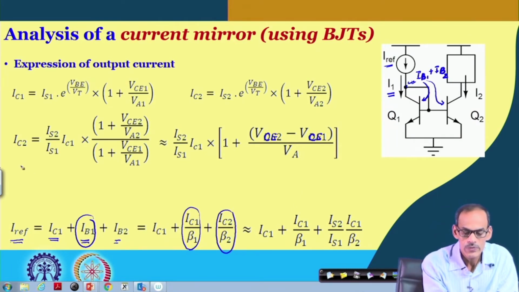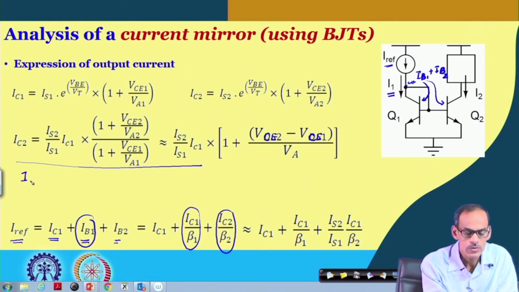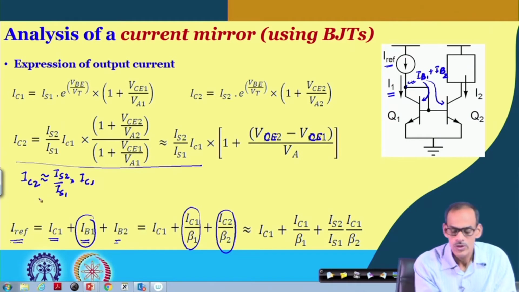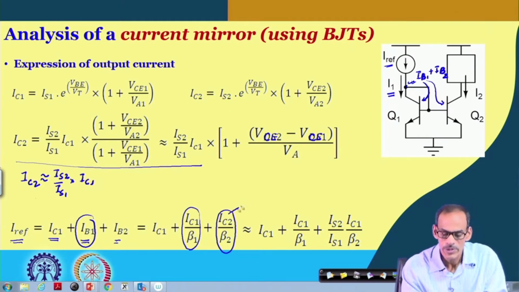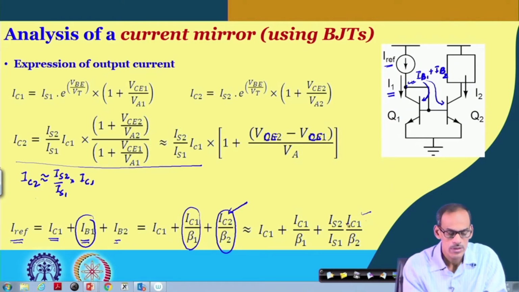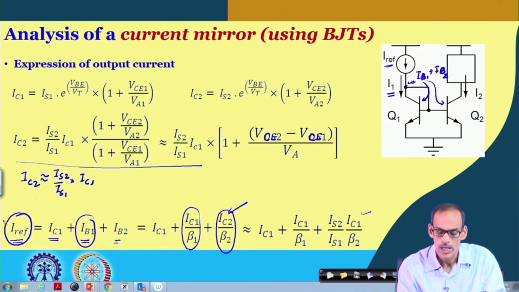Then, using this relationship, IC2 can be well approximated by IS2 divided by IS1 multiplied by IC1. If we replace this IC2 in terms of IC1, then we get the relationship between Iref and the collector currents.